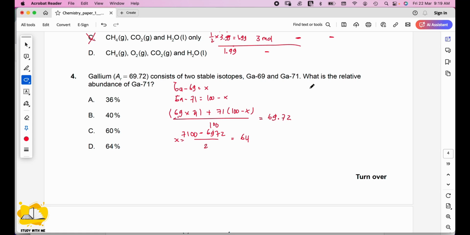So X is 64. 100 minus X is 100 minus 64, which is 36%. So for gallium 71, 100 minus X is 36%.